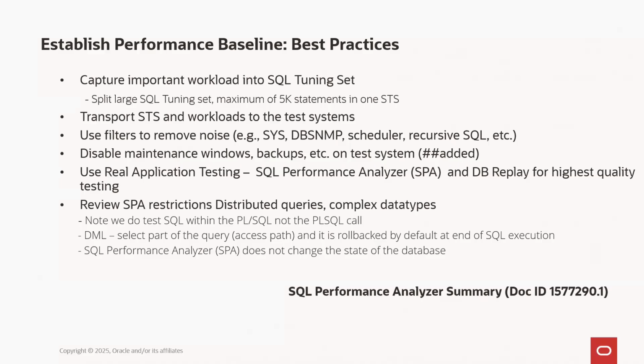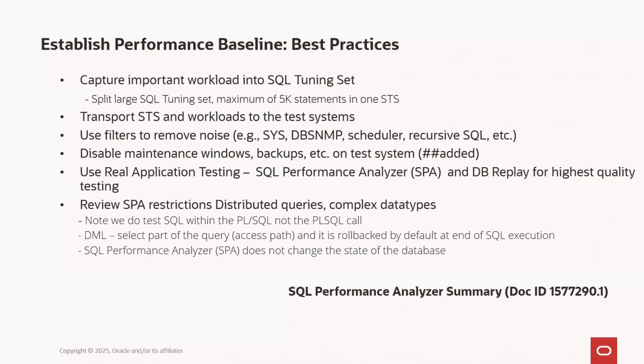Then once you understand if you have regression, the next step will be to actually fix that regression. How can you fix that regression? Well, we will go back to tools like SQL Tuning Advisor. So we're going to run SQL Tuning Advisor and get recommendations. Maybe we're going to get a recommendation about creating a baseline.